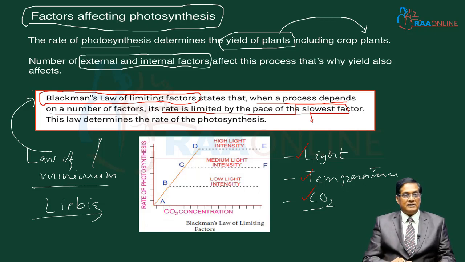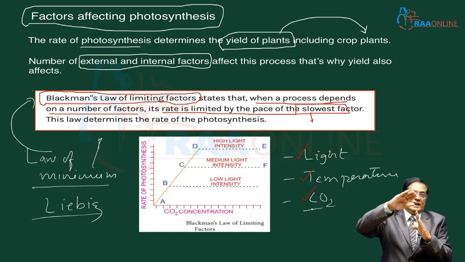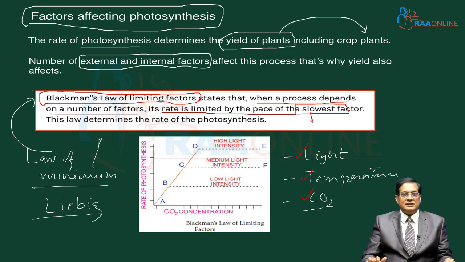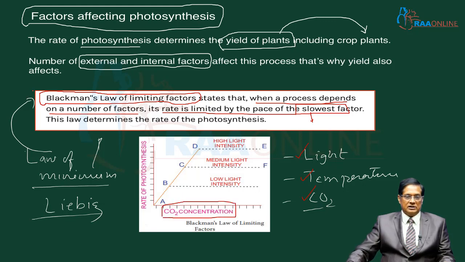So that factor is the slowest factor, and it enhances the rate till it crosses its limit, that is, till it is no longer a minimum. This chart indicates the rate of photosynthesis against carbon dioxide concentration.